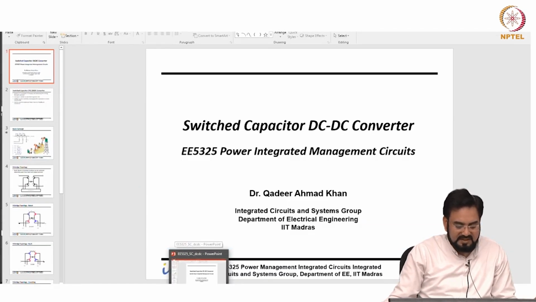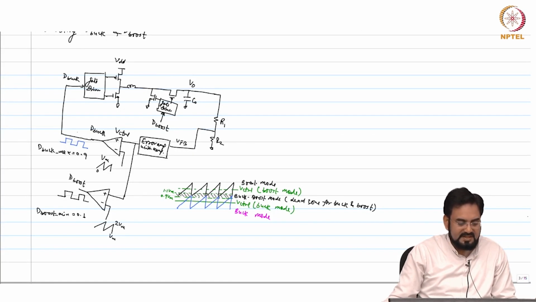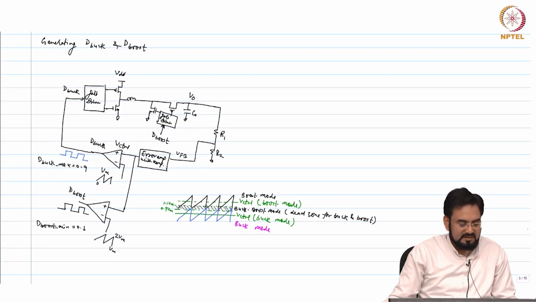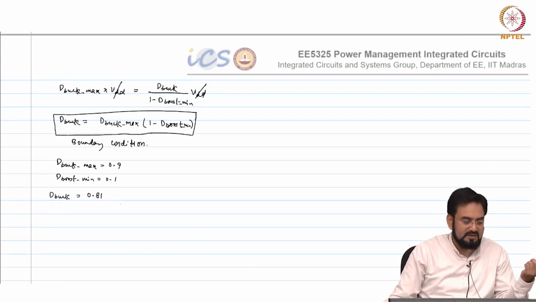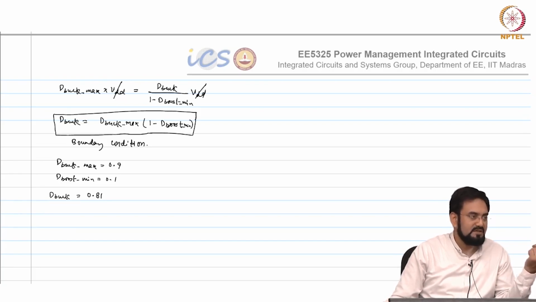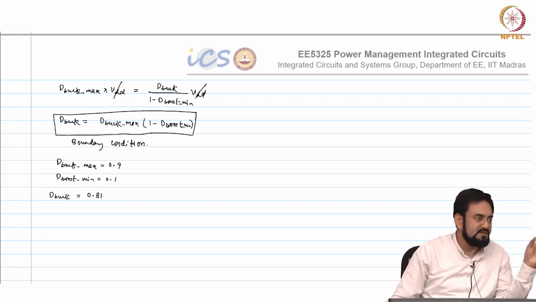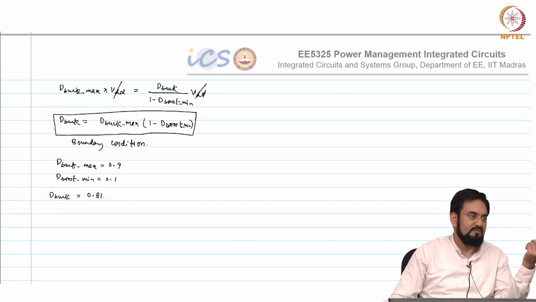One buck boost we did, we simply changed the duty cycle. As I mentioned, if you know the load, then from 0.9 to 0.81 when you go buck boost, I know the duty cycle also, I can directly generate the duty cycle.